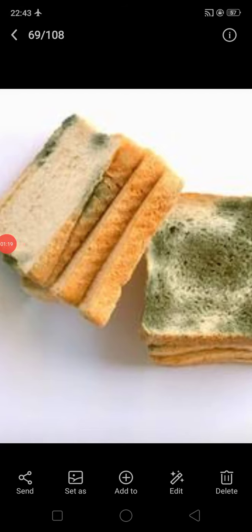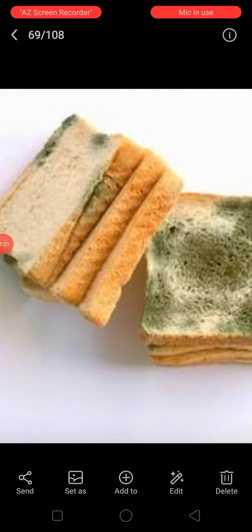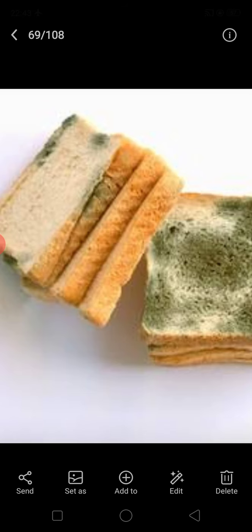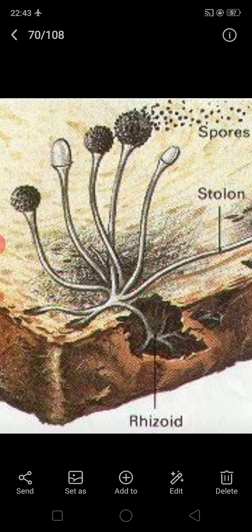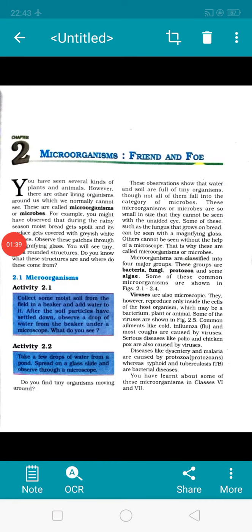When you observe this under a magnifying glass, you will see tiny black round structures. And this is the bread mold, which comes under one group of microorganisms, that is fungus. Some microorganisms can be seen with the help of a magnifying glass, as I already told, and some can be seen only with the help of a microscope.